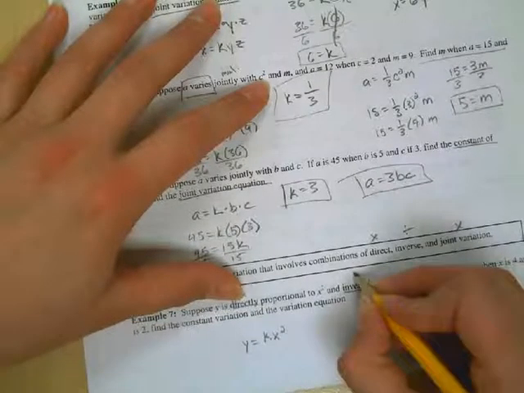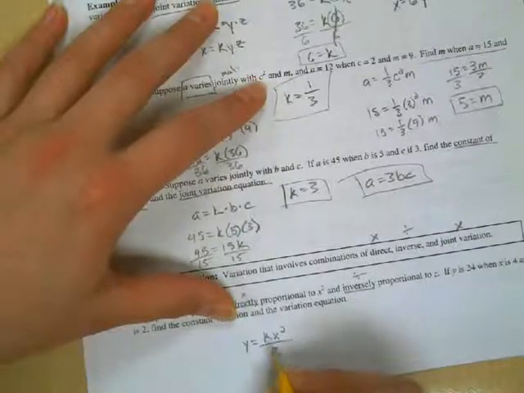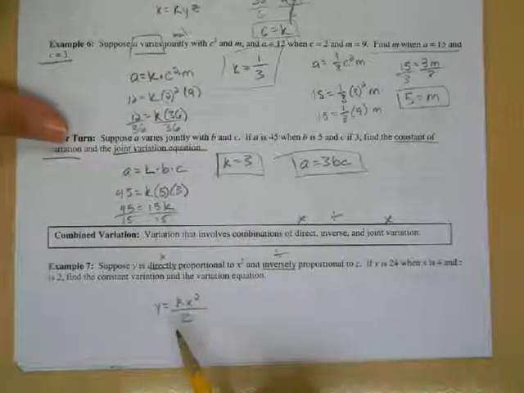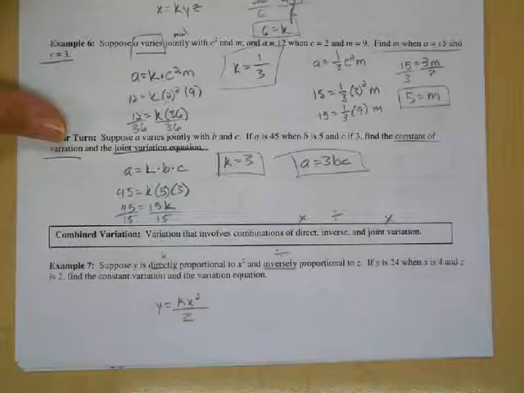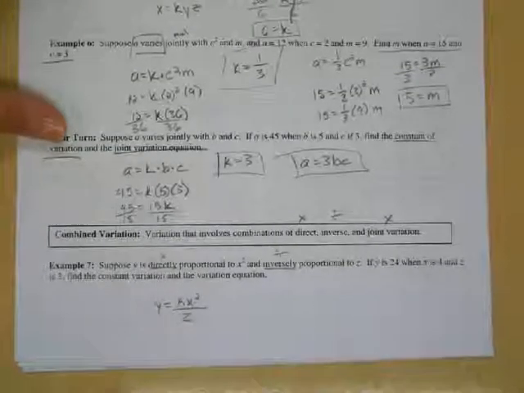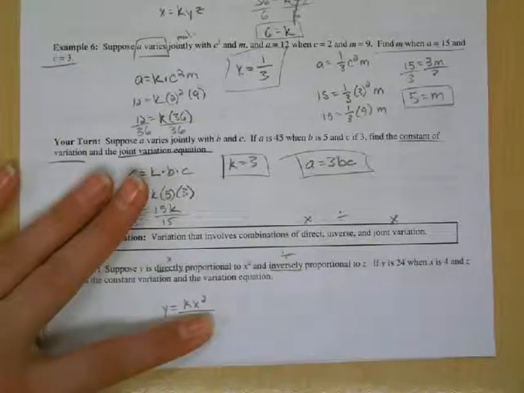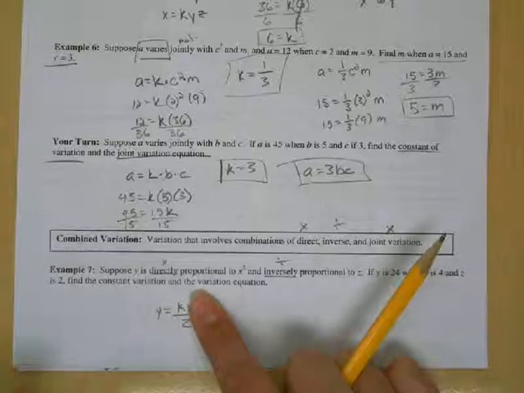Inversely proportional to z, k over z. Now there is something that I really want to note. I only have one k value. I am not going to have more than one k value, just the one single k value. Here's my direct part, k times x squared, and here's my inverse part, k divided by z, but it is the same k value.